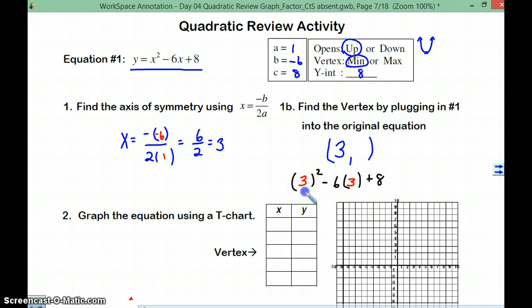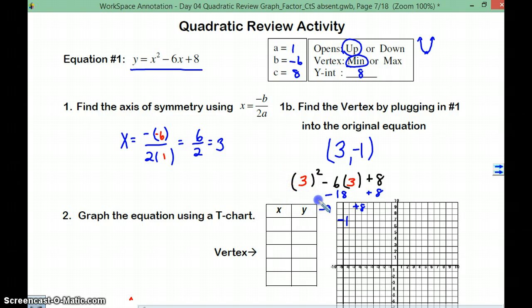Now I get 9 minus 18 plus 8. What's the best way to combine these 3? I think I'll just do it easy. This becomes -9 plus 8. And now -9 plus 8 is -1. So -1 goes right here.